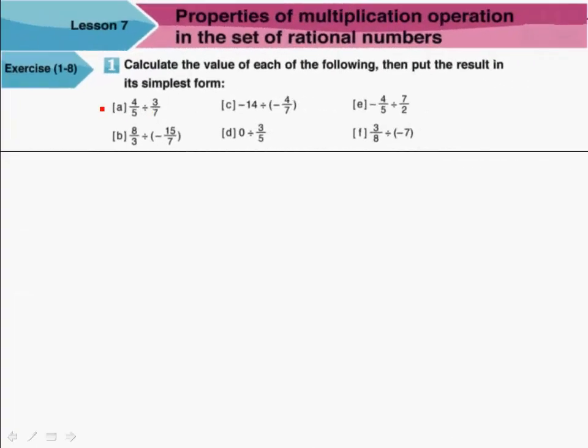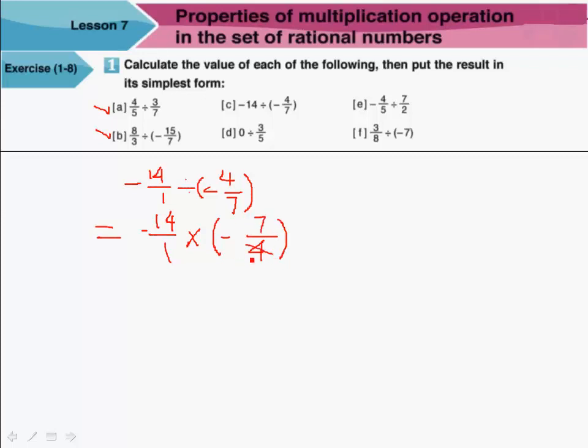You can solve this also, we can solve this together. This will be minus 14. 14 can be divided by 1. Divided by minus 4 over 7. This equal minus 14 divided by 1 times, take the multiplicative inverse, which is 7 over 4.